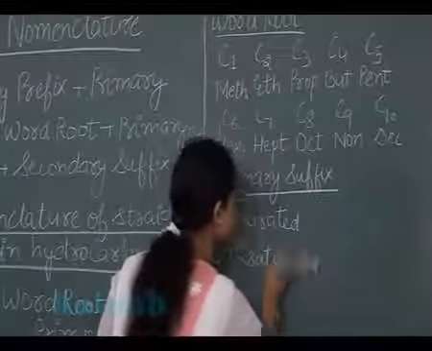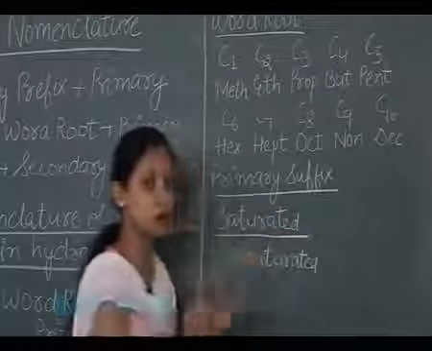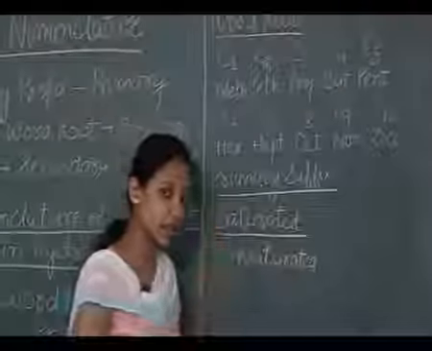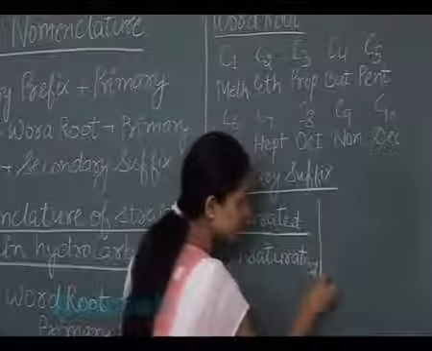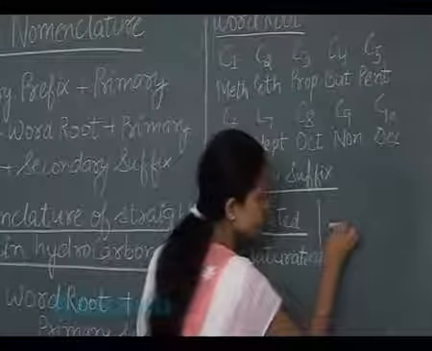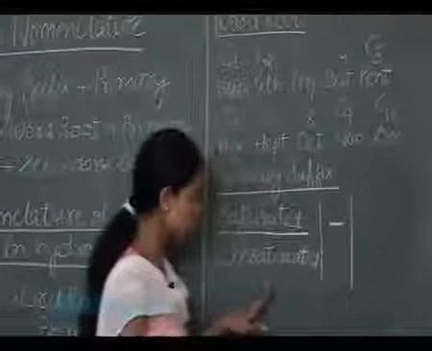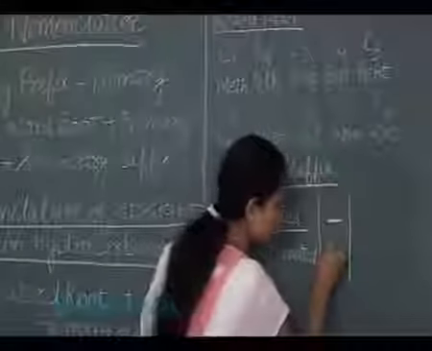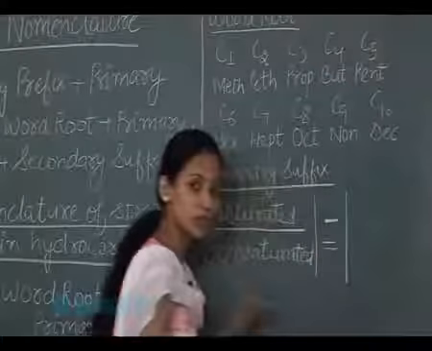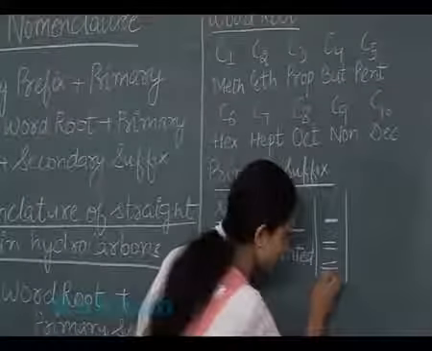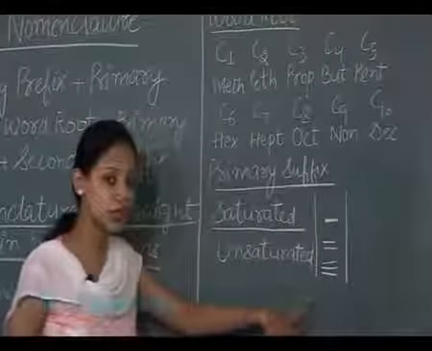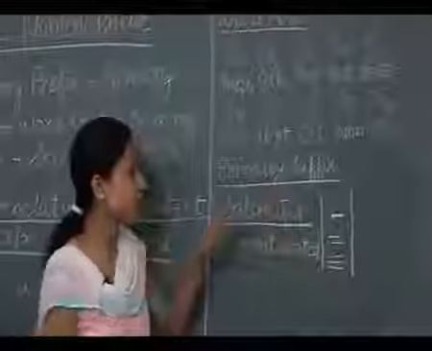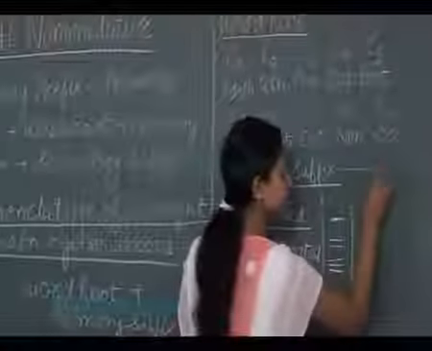As I told you, they are divided on the basis of the bonds present. Now these saturated hydrocarbons contain only single bond between carbon atoms. Now these unsaturated hydrocarbons are of further two types. They may contain double bond and they can have triple bond present between carbon atoms. Now according to the number of bonds present, we have primary suffixes here.